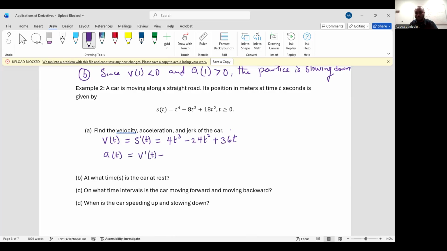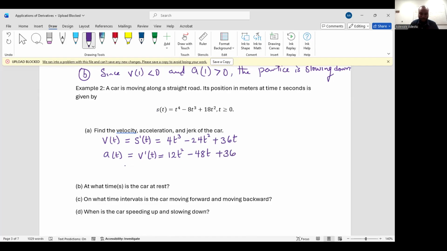Rate of change of velocity is acceleration, which is 12t squared minus 48t plus 36. And jerk is the rate of change of acceleration, which is 24t minus 48. So that is that.